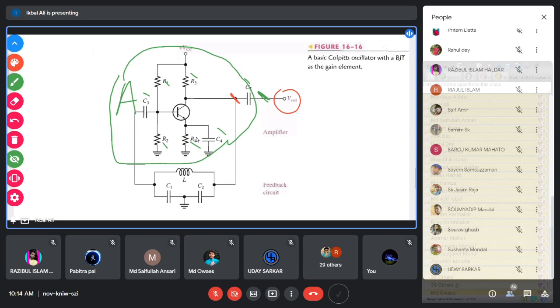So the beta network input is tapping the output signal here, and at this point it is producing some feedback signal which is going to the input of the amplifier. The beta network output, which is the feedback signal, is connected to the input side. In this way, the beta network is connected, and this is your beta network.